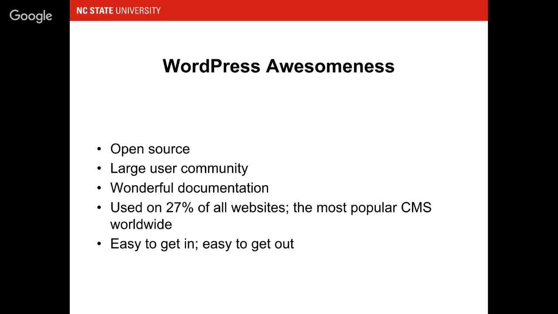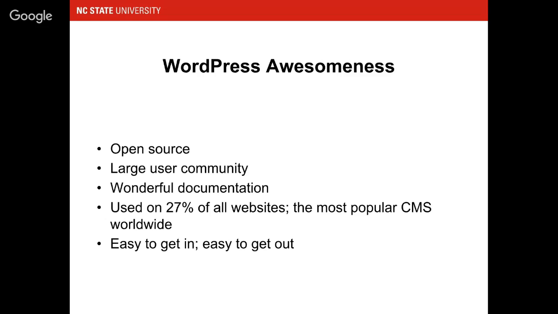It's very widely used, and maybe the best thing for us is that it's easy to get into and easy to get out of, meaning that it's relatively easy to use, learn how to use, dive in and get all of your content migrated into if you're using something else prior to WordPress.